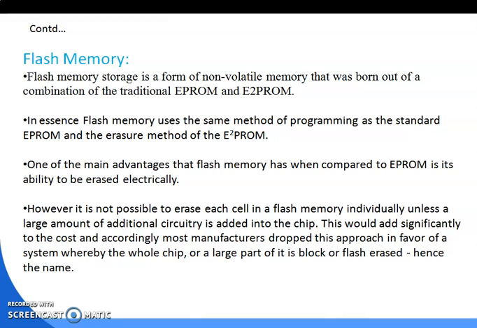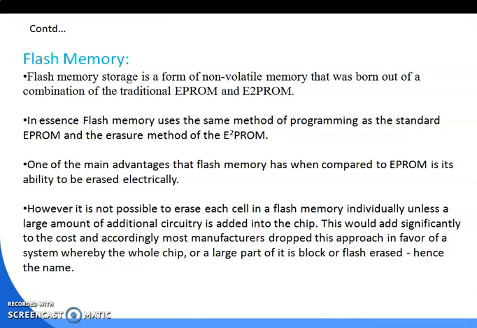Next, one of the main advantages that flash memory has when compared to EPROM is its ability to be erased electrically. However, it is not possible to erase each cell in a flash memory individually unless a large amount of additional circuitry is added to the chip. This would add significantly to the cost, and accordingly most manufacturers drop this approach.